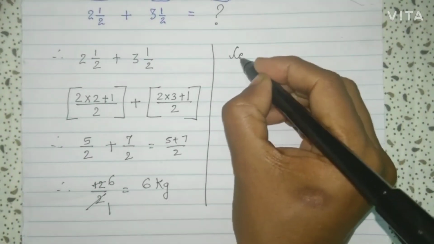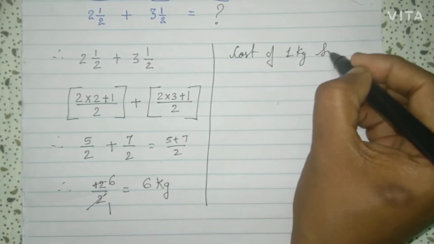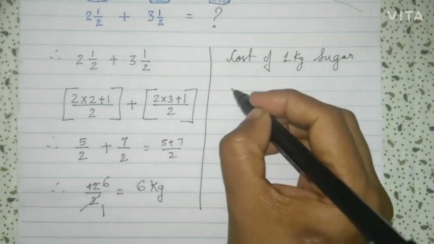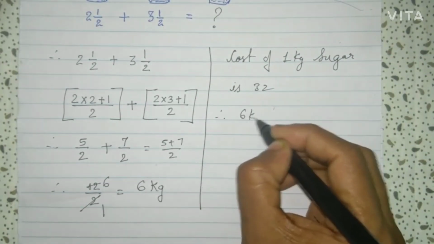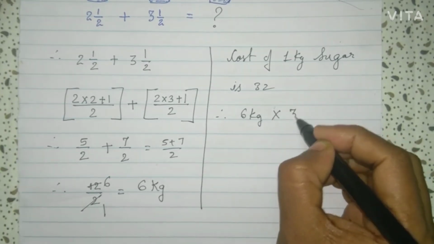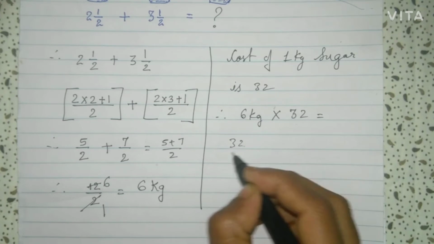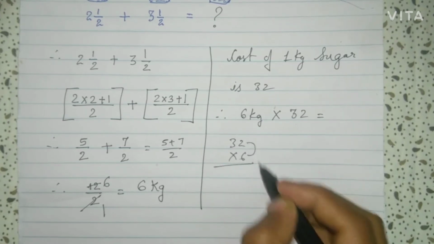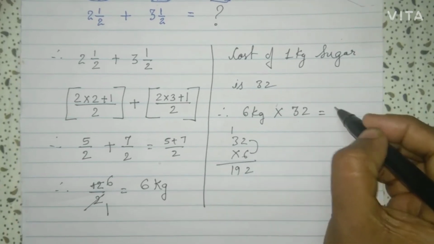So cost of 1 kg sugar is 32. Therefore 6 kg into 32 will be multiplied in your rough column. 6 2s are 12, 1 carry, 6 3s are 18, 19.